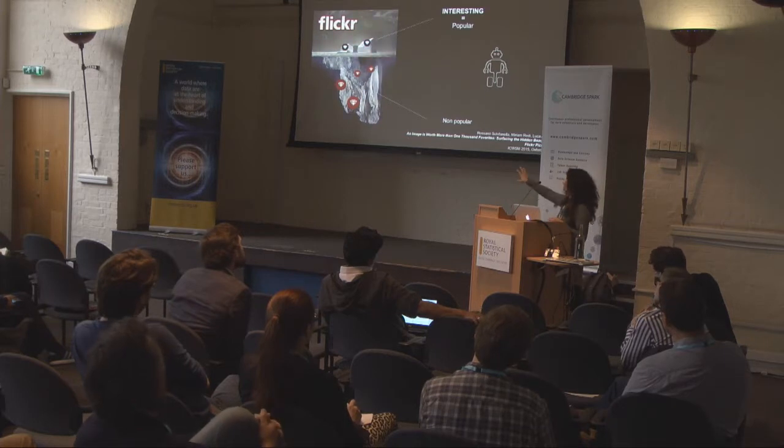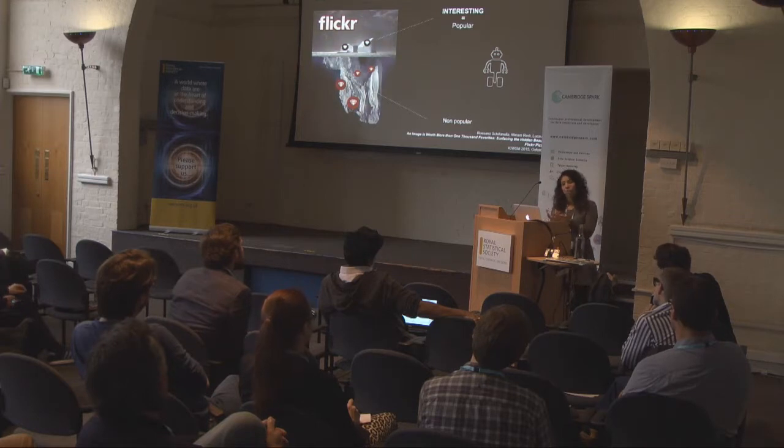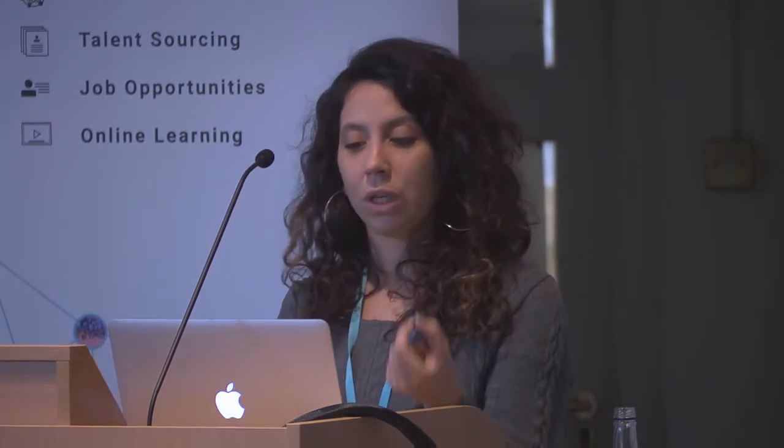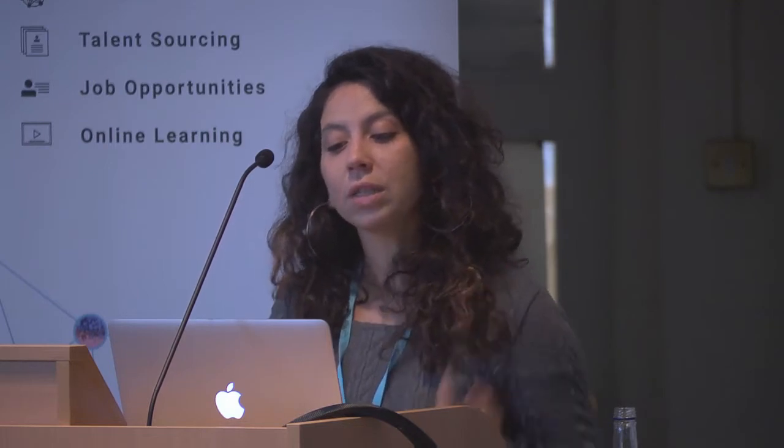So there might be some very good photographers that are non-popular and that don't get the exposure they deserve. And so together with my colleague, we thought, why don't we employ a computational aesthetic framework that automatically scores all the images in the platform according to intrinsic quality, and then we can use this intrinsic quality metric as the main driver to surface interesting content.